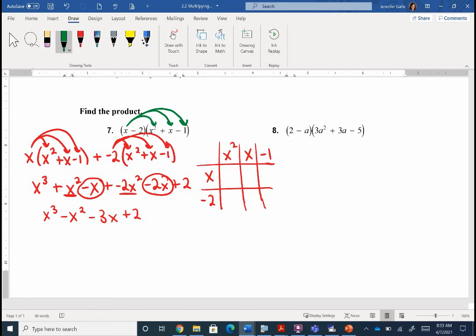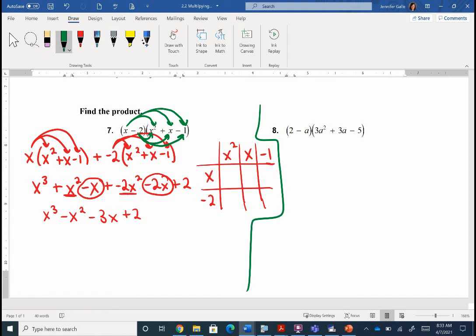If you don't want to split it apart, you don't have to. Splitting it apart like we did here, though, that helps me not miss signs. It helps me not miss terms. And then you'd have to do the same thing and distribute the -2 to that trinomial as well. So take your pick on the method.